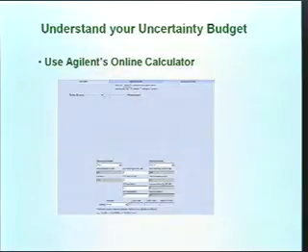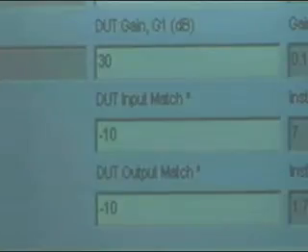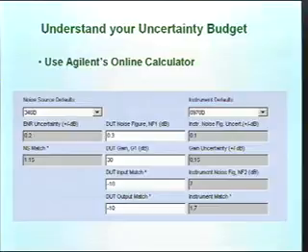Agilent's online uncertainty calculator, we recommend this one, the online JavaScript version, because it's got a lot of good default values. So you select 346B for the noise source, and it picks up those values automatically instead of you having to make a decision.